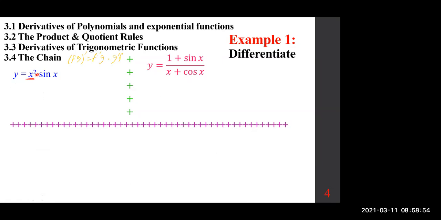So in this case, the derivative of x squared is 2x times sine, plus the derivative of sine, which is cosine, times x squared. And practically we are done. We are going to just rewrite this. Now, in this case, if you take a common factor of x, it doesn't make that much of a difference, but if it does, you must.